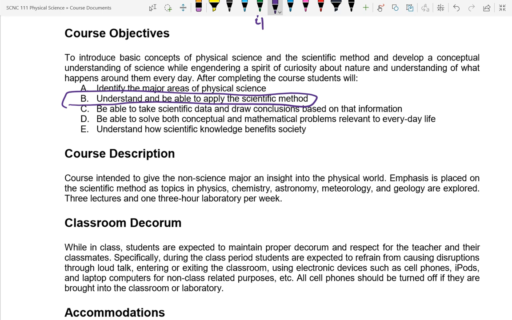Other things there: to identify the major areas. I've already mentioned them and we'll talk about them again, but for you to understand what the areas in physical science are, and for you to be able to take scientific data, to actually be able to make measurements in a way that is somewhat rigorous, right? Not just random, but in a way that people would look at and say, yeah, you did make sure you ruled out things and that kind of stuff.